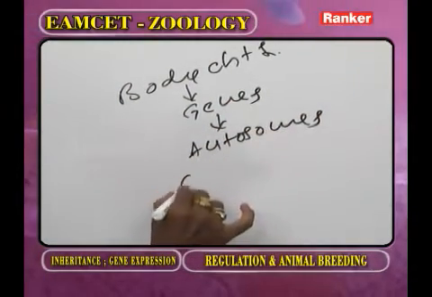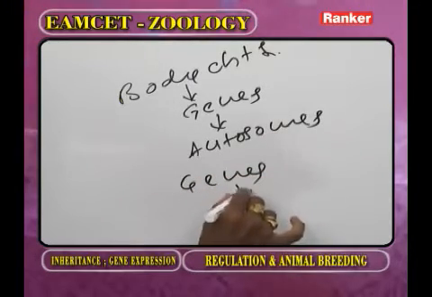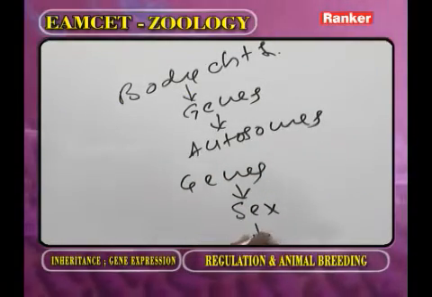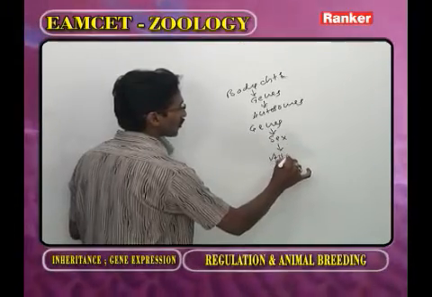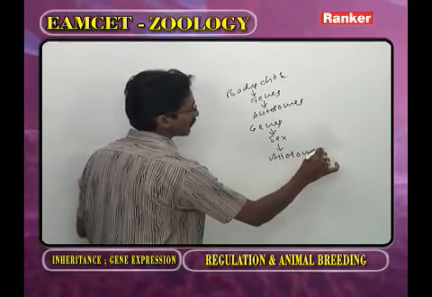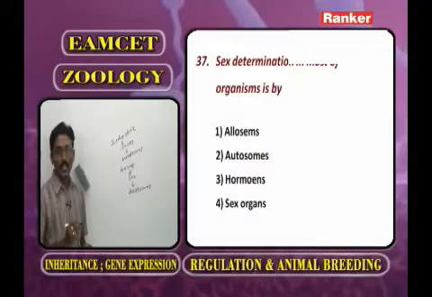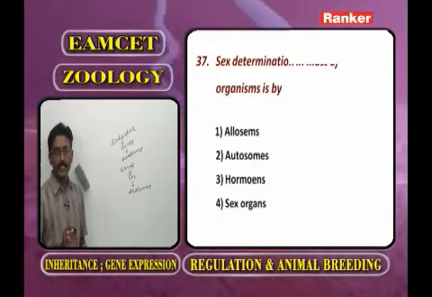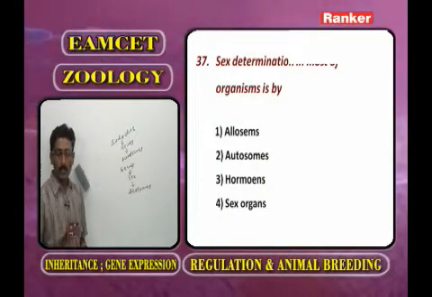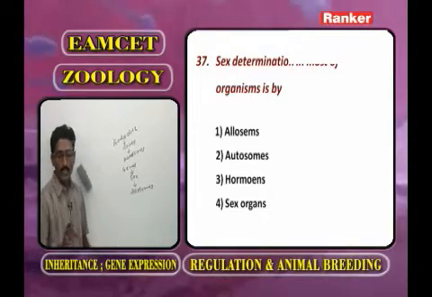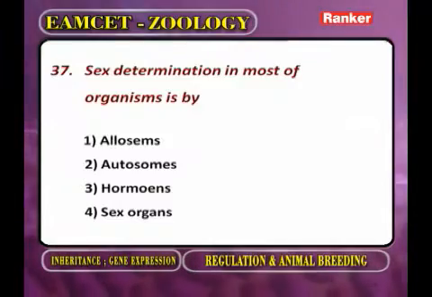Now the genes responsible for sex are present on what type of chromosomes? Allosomes. What is the other name of allosomes? Sex chromosomes. Here the question is sex determination in most of the organisms is by allosomes. Here the answer is allosomes.